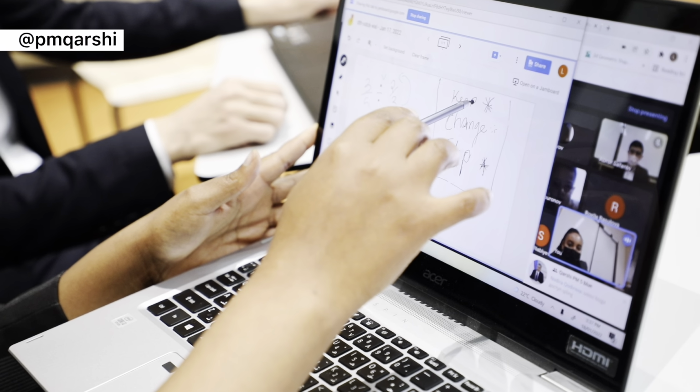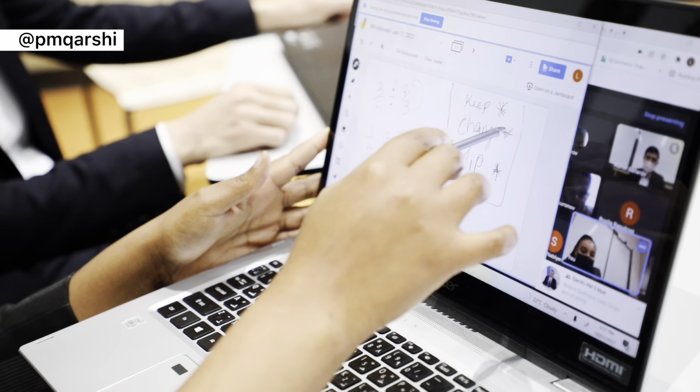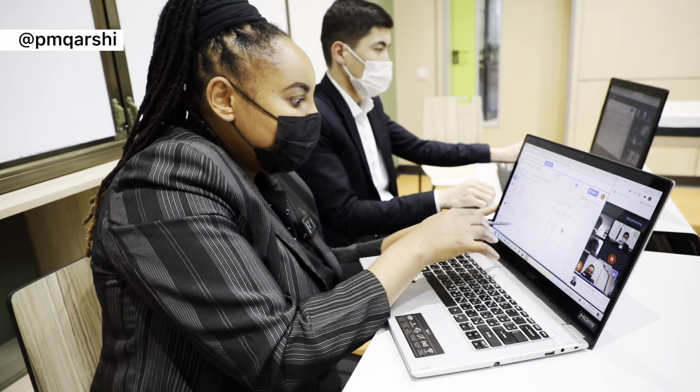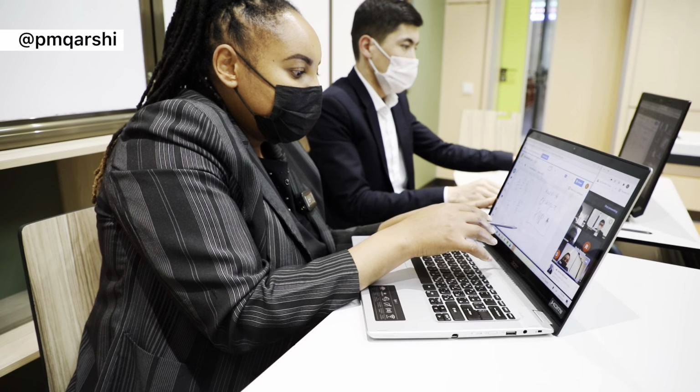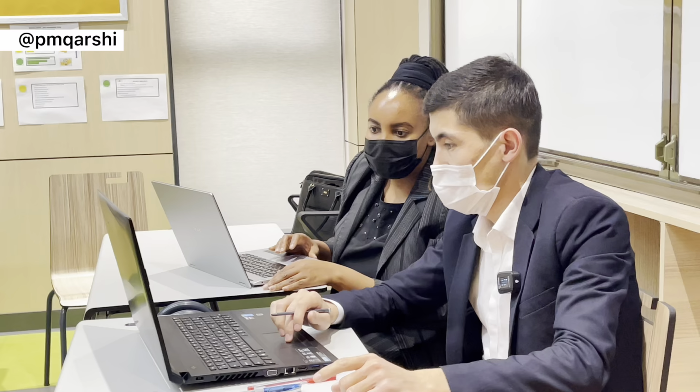Remember, the rule is keep, change, and flip. What are we keeping? The first fraction remains the same. We change the sign to multiply, and we flip this fraction. So instead of 2/3, we're going to have 3/2.